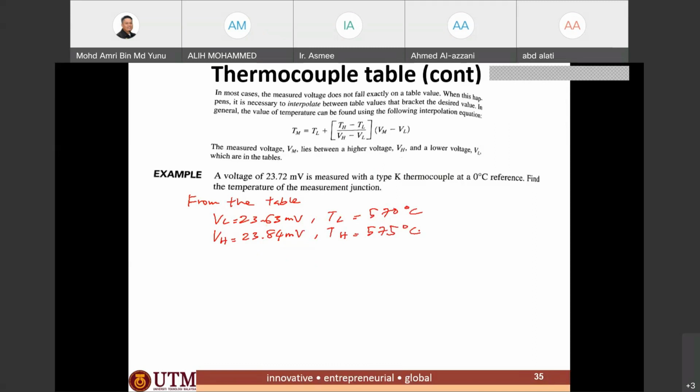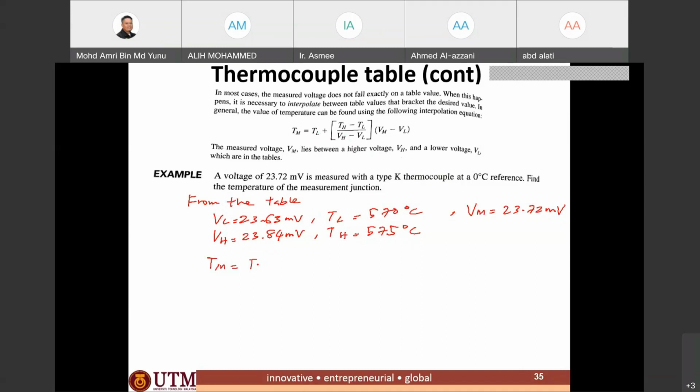are between the VM, and the VM value, the measured value, is 23.72 millivolt. Okay, so the measured temperature, we do this extra interpolation.